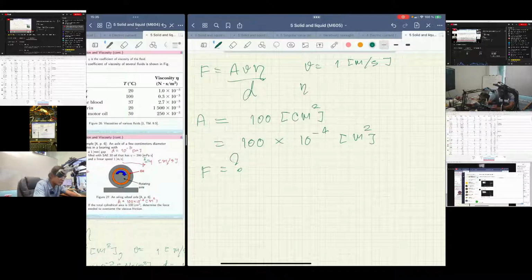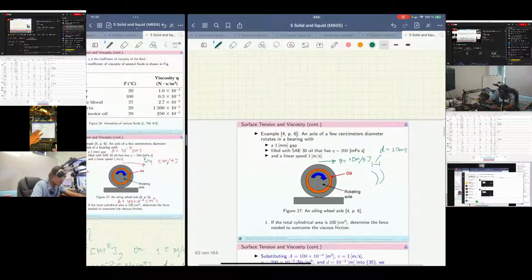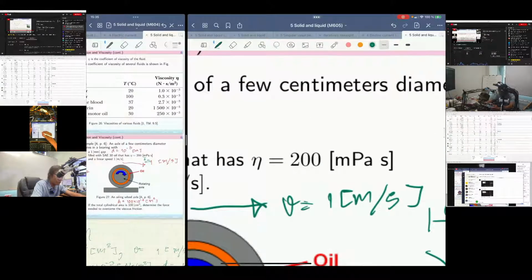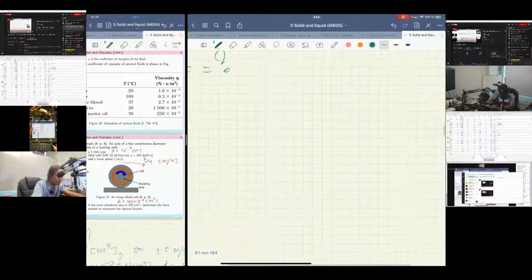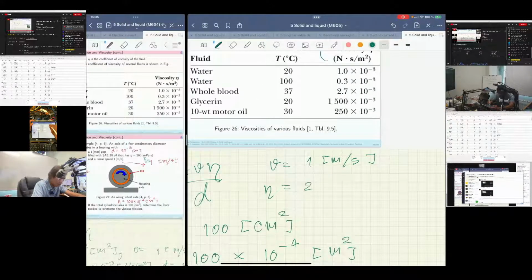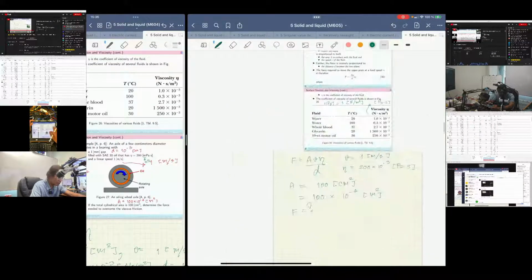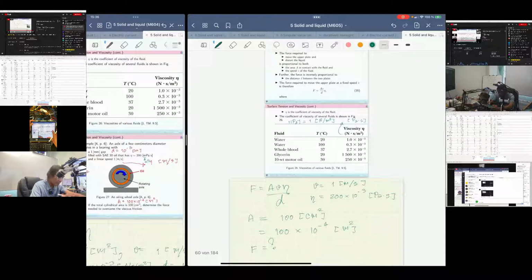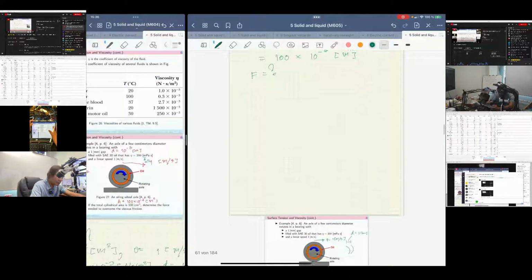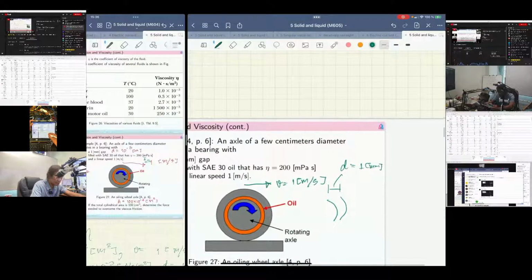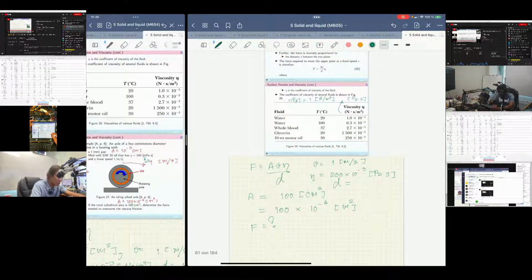Viscosity is 200 millipascal second, so it's actually 200 times 10 raised to negative 3 Pascal times second. And D is the gap, right? The gap distance here is 1 millimeter.